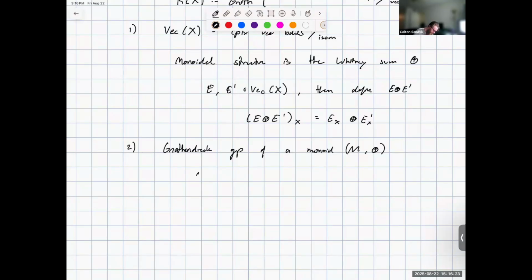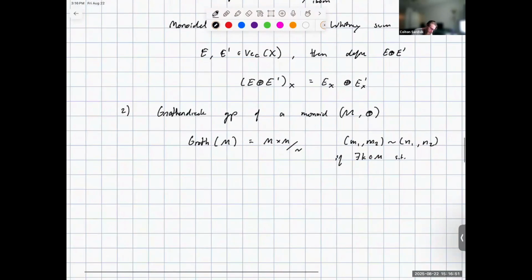What I mean is we want to look at two copies of M, and we want to quotient out by an equivalence relation: M1, M2 is equivalent to N1, N2 if there exists K such that M1 and N2 and K is equal to M2 and N1 and K.